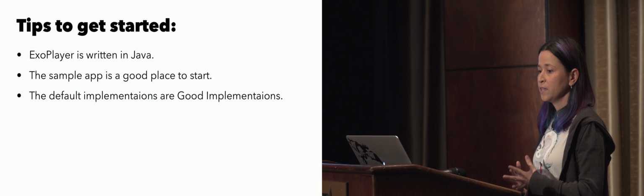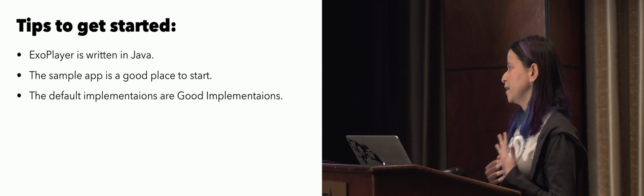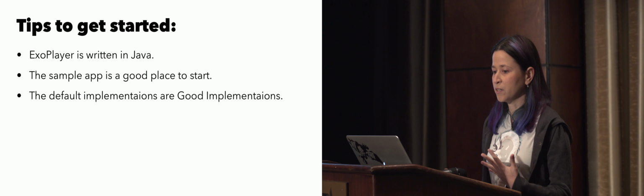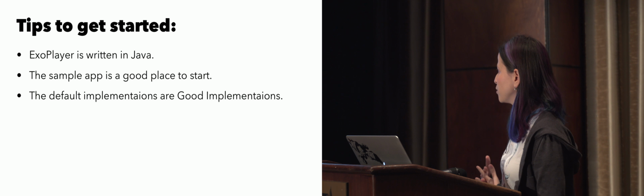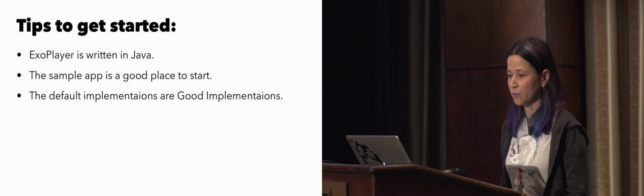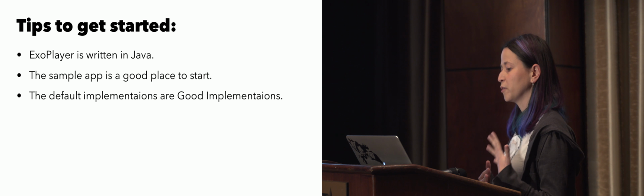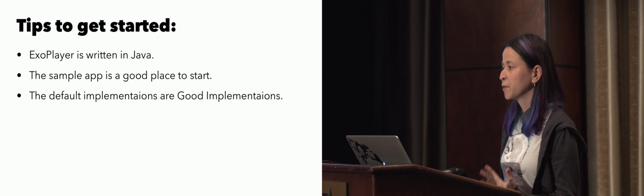Another tip would be that the sample app provided by Google is a good place to start. It has the basic architecture that you can easily adopt, and most of the implementation there is good and applicable. And the third thing is that the default implementations for classes are good implementations.